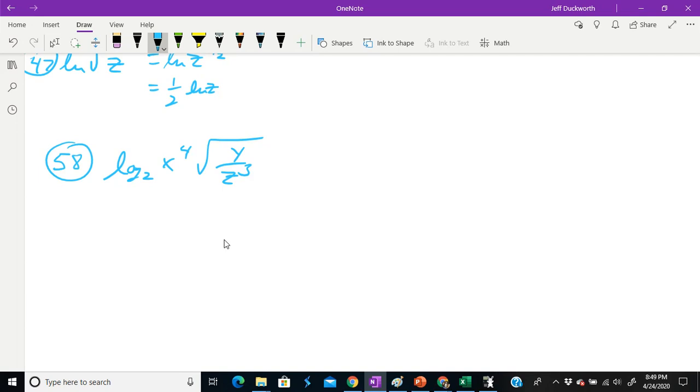Okay. Well, we have a product, so let's break it up like that first. So log base 2 of x to the fourth plus log base 2 of root y over z cubed.